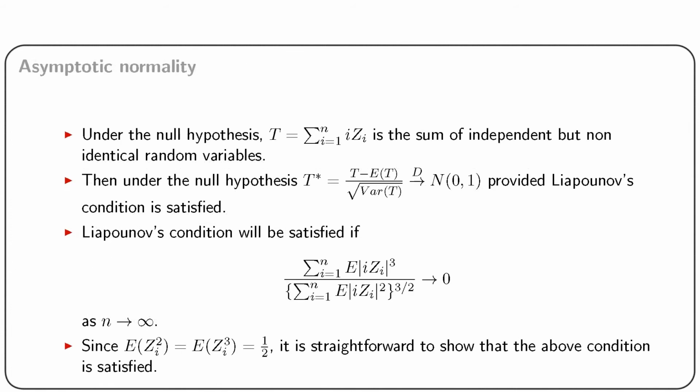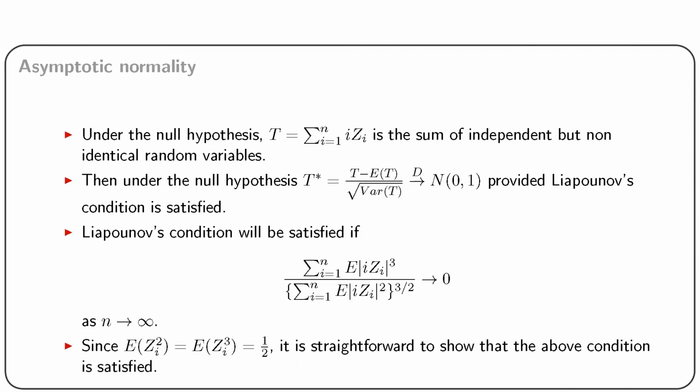Now we shall see whether the asymptotic normality holds for T. First of all, note that under the null hypothesis, T equal to summation I from 1 to n I Zi is the sum of independent but non-identical random variables. Then under the null hypothesis, the standardized variable t minus expected value of t whole thing divided by square root of variance of t is asymptotically normal provided Lyapunov's condition is satisfied.